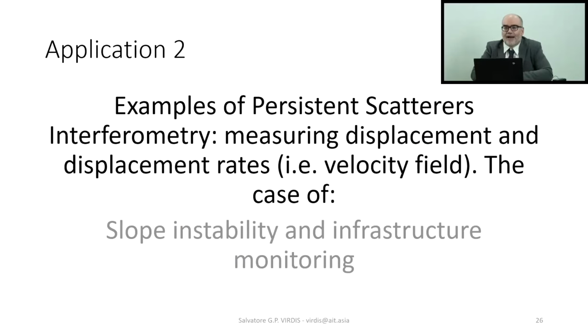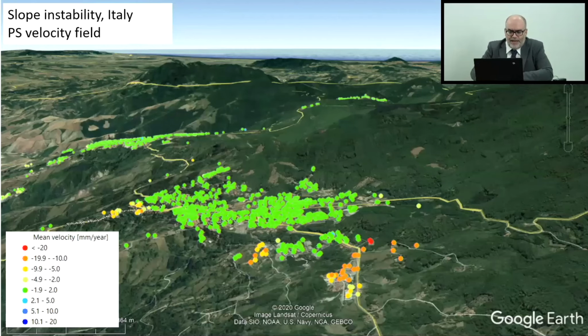Let's have a look now at the real magic of InSAR and how we can do more by exploiting not 2 dates, but tens or hundreds of images. So we will have a few applications, one to slope instability and another one to infrastructure monitoring. One is this one.